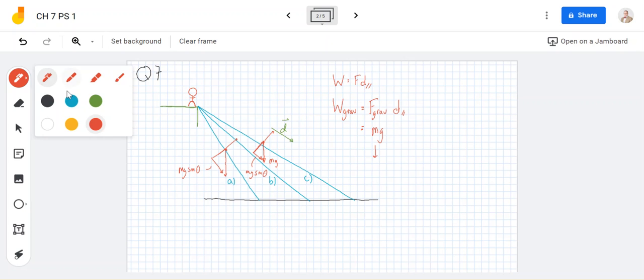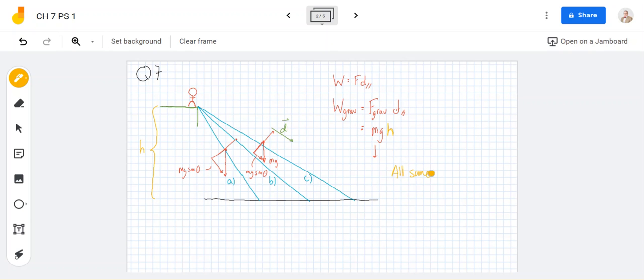And if you notice, all of these are falling for the same height. So this mgh is true for all of them, so because they have the same mg and the same h, the h being the distance that's parallel to the force, I would say that these are all the same work done by the gravitational force.